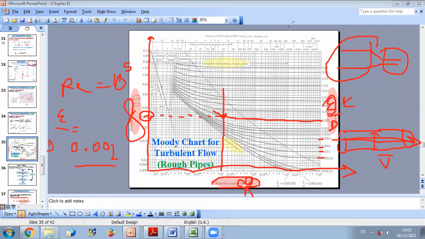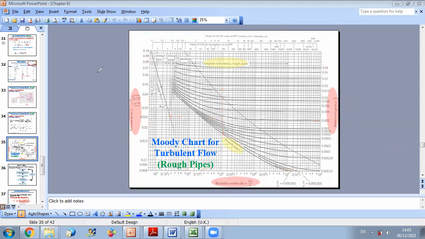Now, sometimes it might be challenging to use Moody. Why? Because the example I gave you is the easiest one. We know Reynolds, because to know Reynolds we should know V. So Reynolds is rho V d over mu.